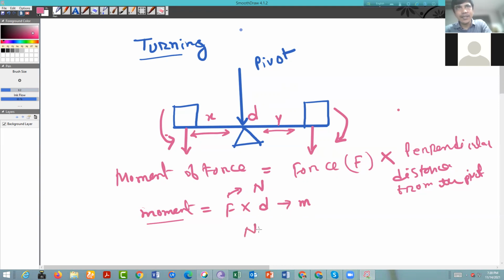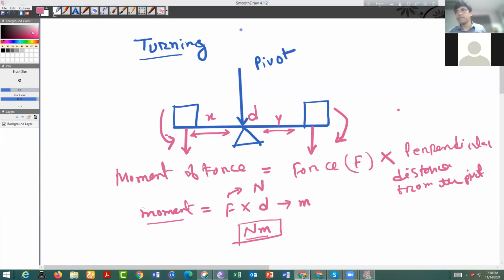So the unit of moment is Newton meter, because the force is in Newton and the distance is in meter. N will be capitalized. Why? Because this symbol has been taken from a scientist's name, Newton. If any unit name is taken from a scientist's name, it will be in a capital letter. Remember this one.